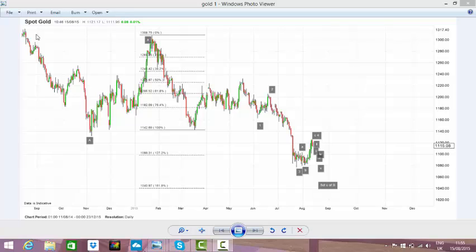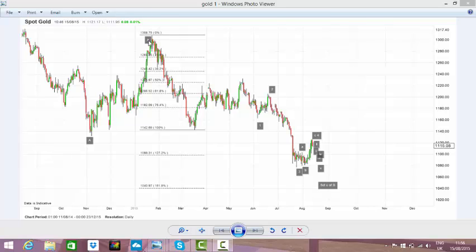If you remember, gold topped out in 2011 at around 1900, I think it was 1910, and we hit a bottom here in November 2015 of, I think it was 1132. Since then, we had a corrective rally in three waves, A, B, and C, which brought us to an A wave high.